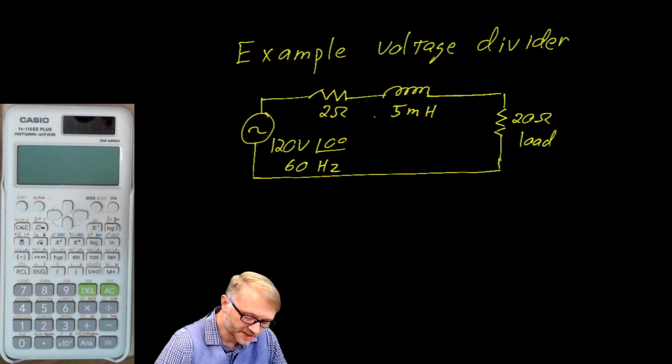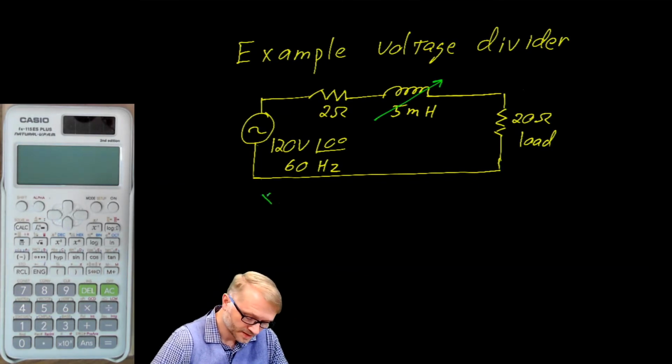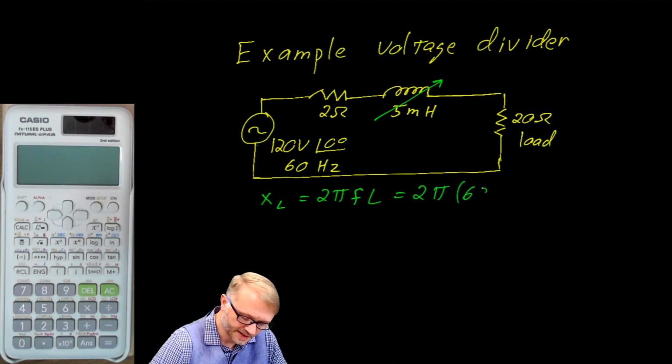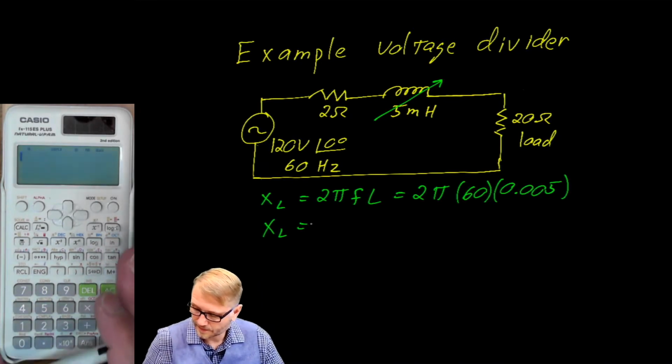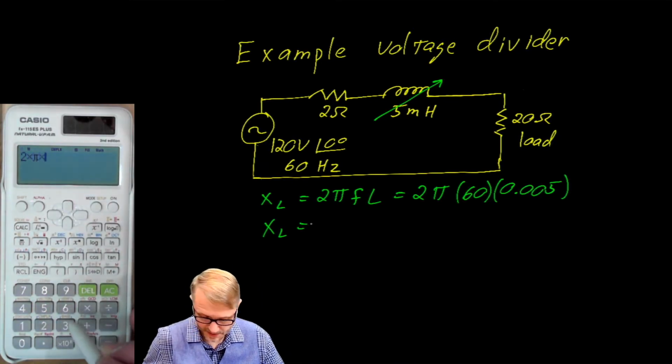Your opening move in this problem is to calculate the inductor's impedance. The reactance of the inductor is 2 pi FL, in this case 2 pi times 60 hertz times 0.005.